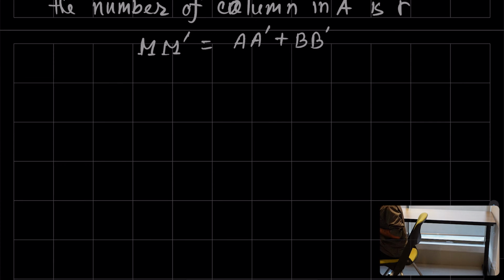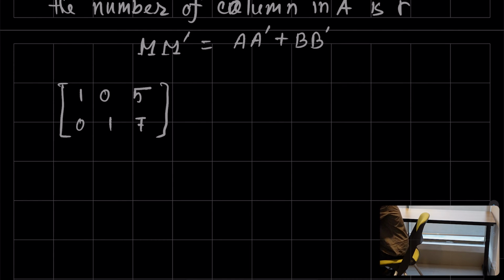A simple example is like 1, 0, 5 and 0, 1, 7. Excuse me, you defined M and N, but what about A prime and B prime?